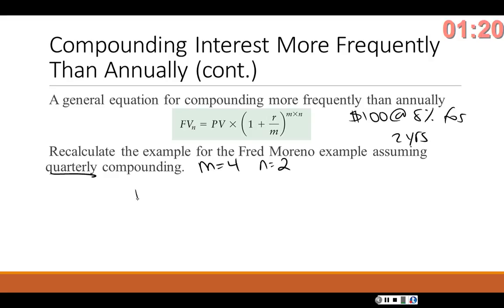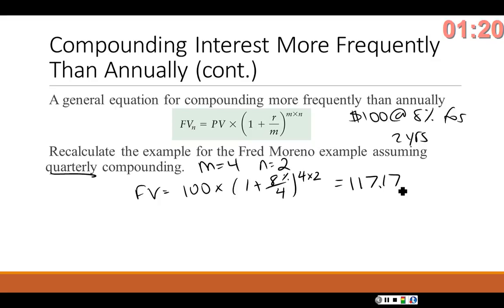So we could use the equation 100 times 1 plus the stated rate, 8%, divided by the number of compounding periods. This is quarterly, not semi-annually, so that would be 4. We raise that to the number of compounding periods per year, which is 4, and multiply it by the number of years, 2. If you work this out, you get $117.17.